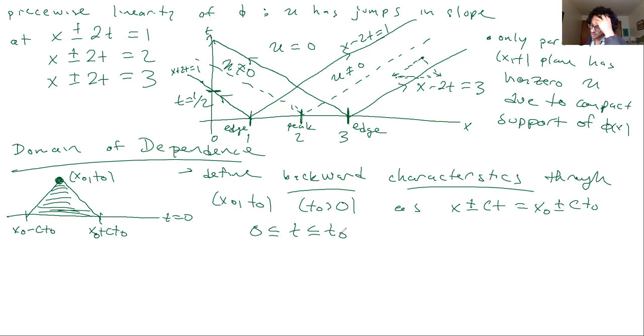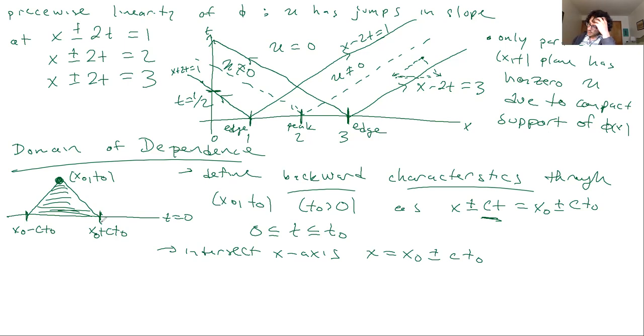So this should intersect the x-axis at x is equal to x0 plus c t0, right? Because if we just plug in t equals 0 right there, then that just gives us this formula, and that tells us the bounds of this triangle that defines what is this region that's going to determine my solution at this point forward in time.